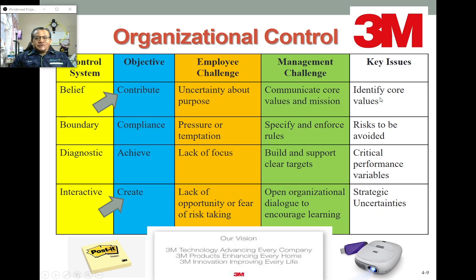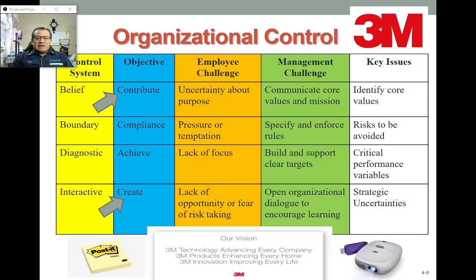So 3M encourages employees to innovate on top of their existing work: innovate new products, innovate new processes, somehow come up with a new invention on top of their existing working tasks. 3M is also well known for its interactivity from top management to its employees, because the top management believes that employees could create new inventions or new products.